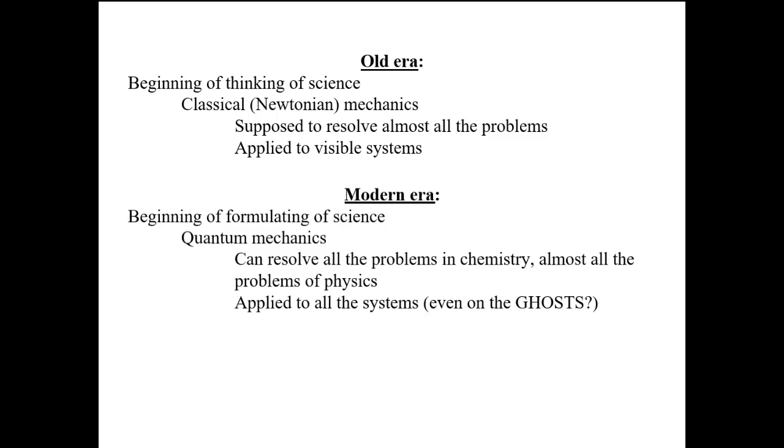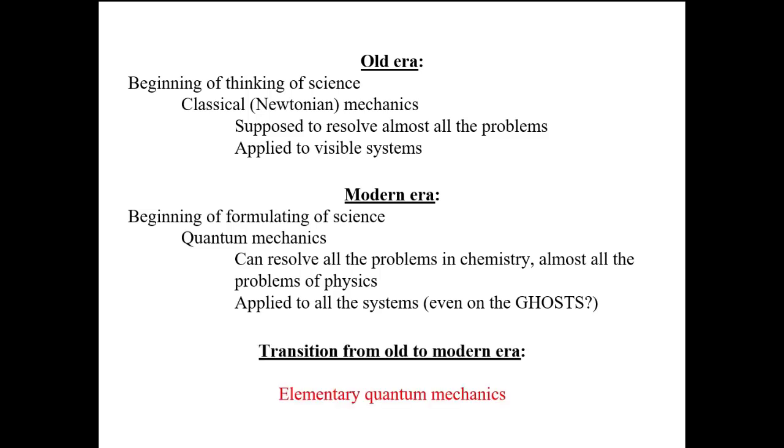On the other hand, in the modern era, we are in the stage of formulating or modeling the science. The example is quantum mechanics. Quantum mechanics is applicable to all systems of any dimension, even on the ghosts, meaning systems which are invisible to our eyes. The transition from the old era of classical physics to the modern era of quantum physics is the era of elementary quantum mechanics.